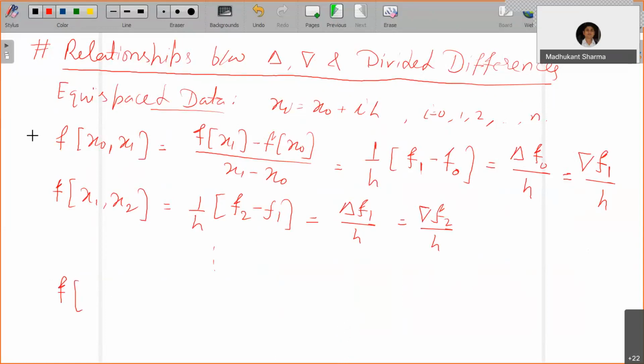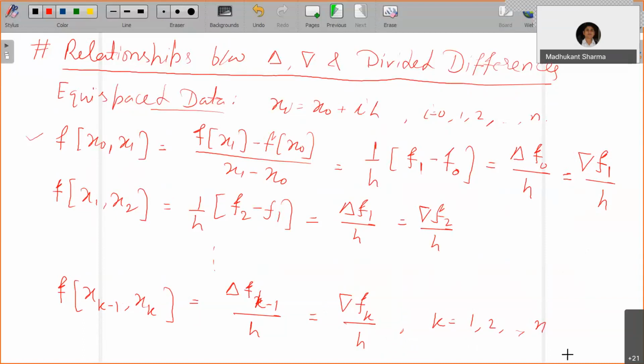If I wish to write f of x(k minus 1) comma xk, that is delta f(k minus 1) by h in the forward difference, and in the backward difference delta fk by h, where k is running from 1 to n. So these are all the first column.